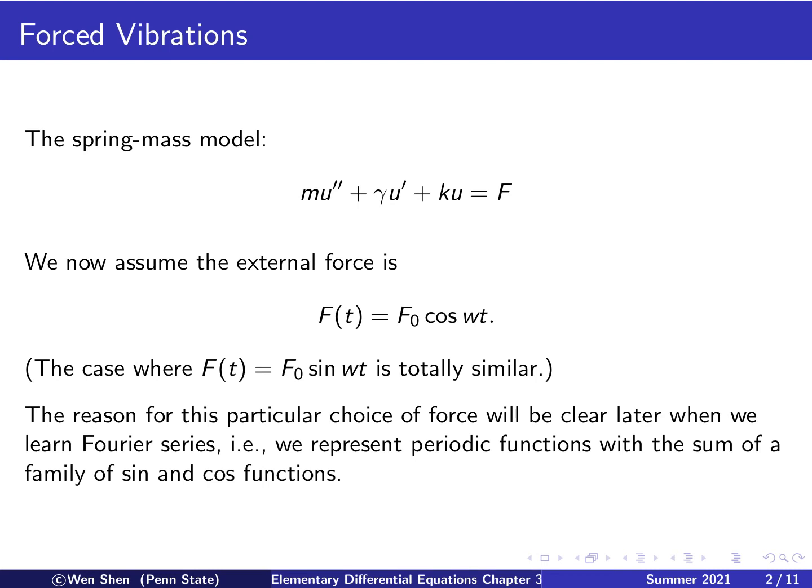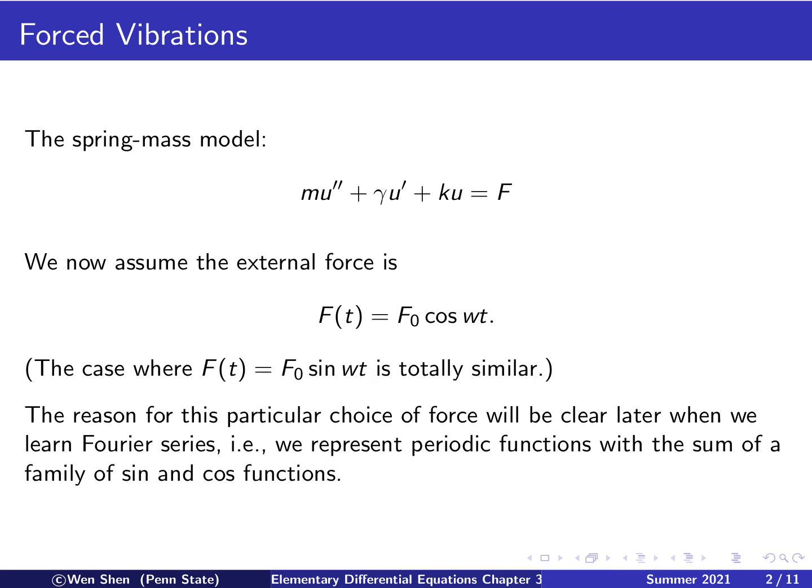Now, just a comment on why we choose this particular choice of the external force to be a periodic, perfectly oscillating cosine function. The reason is for later use. We'll learn a thing called the Fourier series, which is a series consisting of sine and cosine functions, and we will use these series to represent periodic functions.